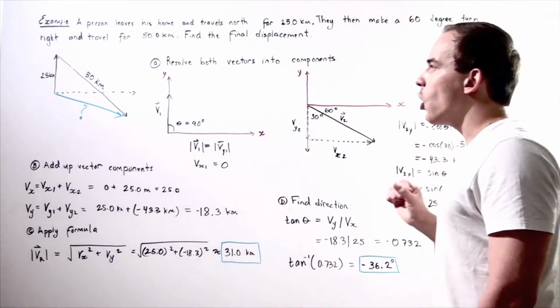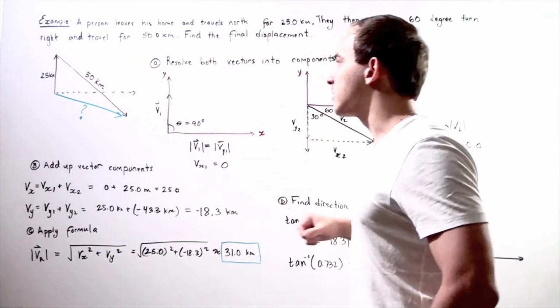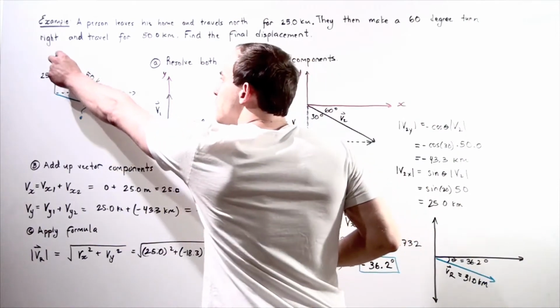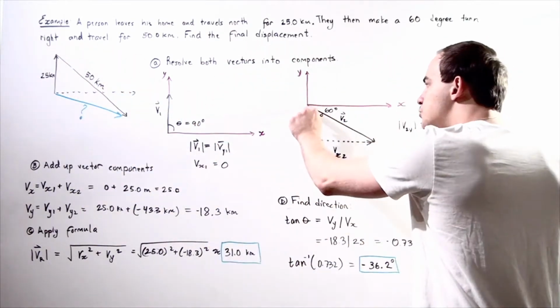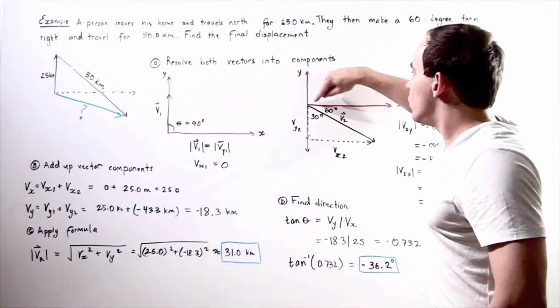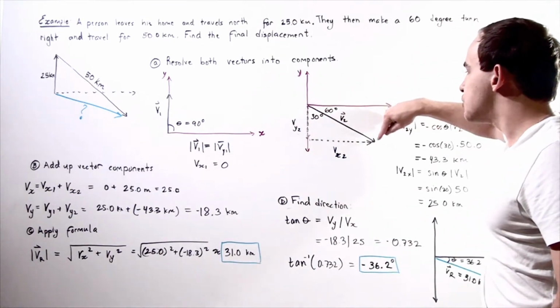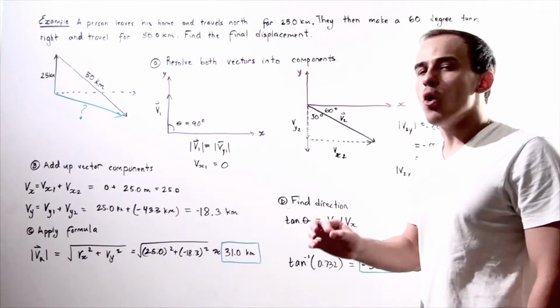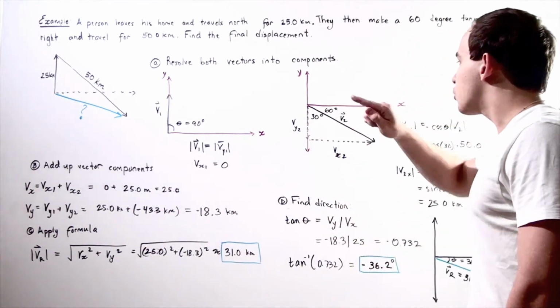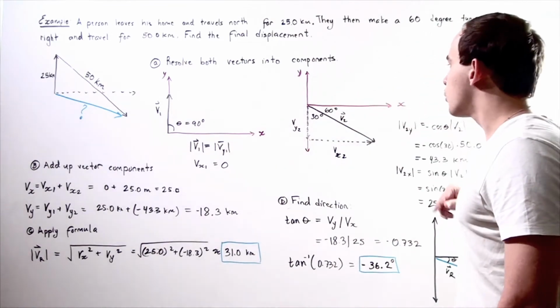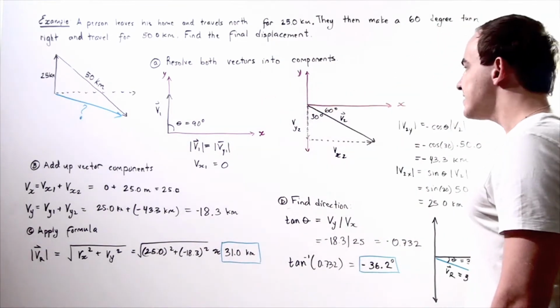So let's go to our second vector. Let's take this vector and bring the initial point to our origin. Now we see that this entire magnitude, the length of it, is 50. So V2 is 50. And our direction is 60 degrees with respect to our x-axis.